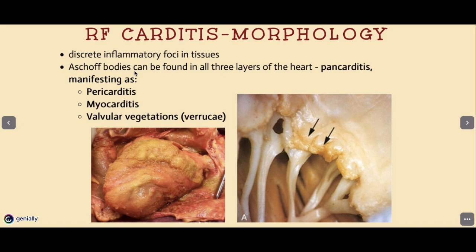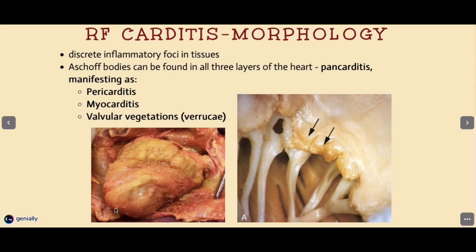And these inflammatory foci, or these Aschoff bodies, can be found in all three layers of the heart. And when it does involve all three layers of the heart, then we call it pancarditis. So this manifests as pericarditis. When you have inflammation of the pericardium, then you get pericarditis.